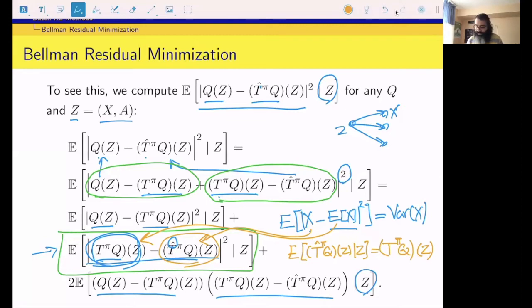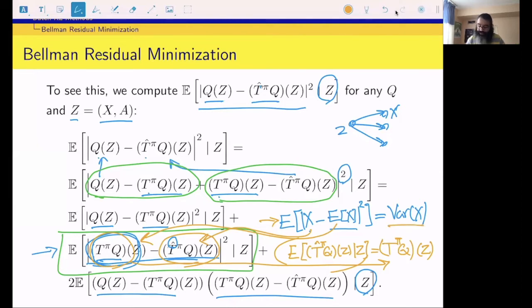So this makes this term that I have here equal to this term, so I can replace it with its expectation, and then it looks like this equation that I have here. It's becoming a bit like spaghetti, but hopefully it's not too obscure. And then we get that this is variance.